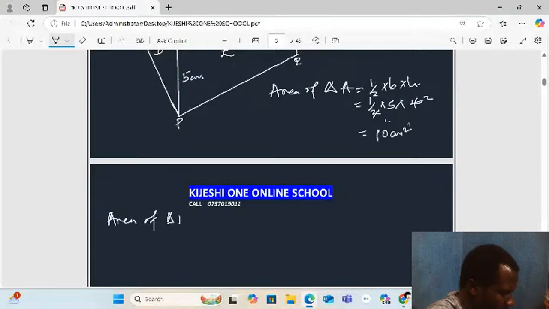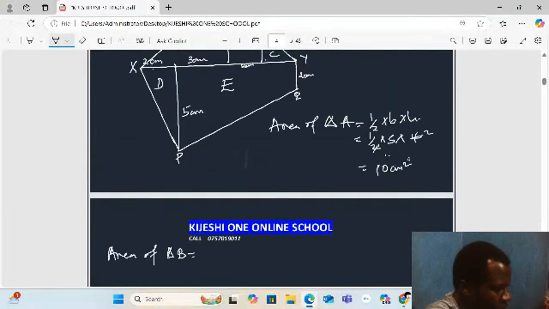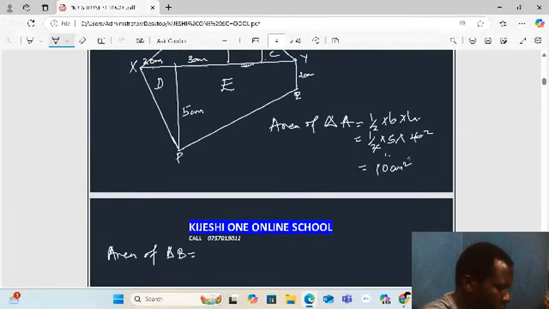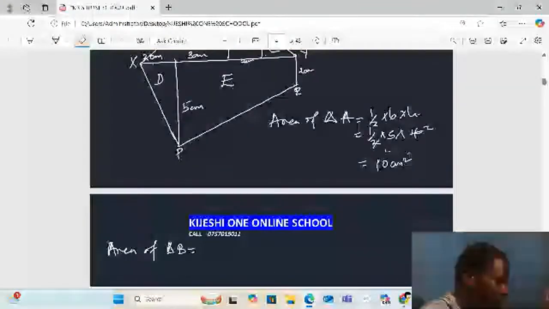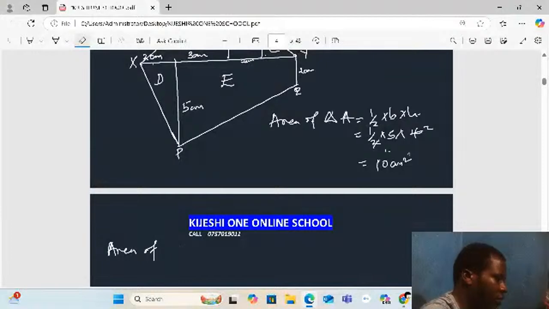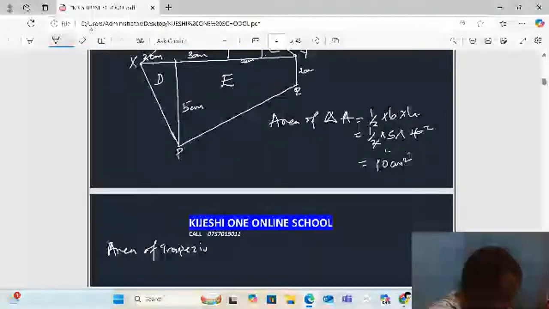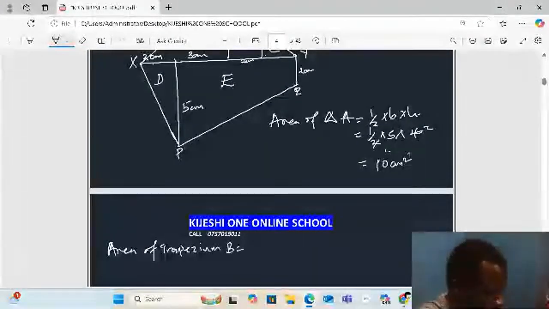Then we move to the area of B. Now B is a trapezium.